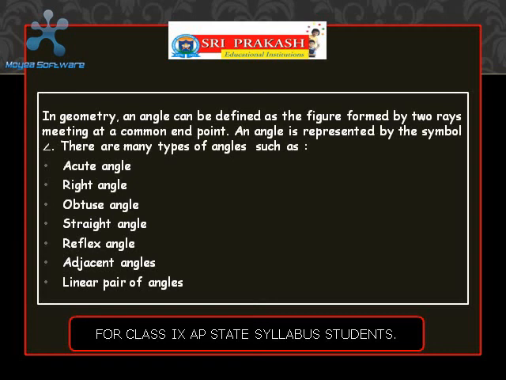There are many types of angles such as acute angle, right angle, obtuse angle, straight angle, reflex angle, adjacent angles, and linear pair of angles.